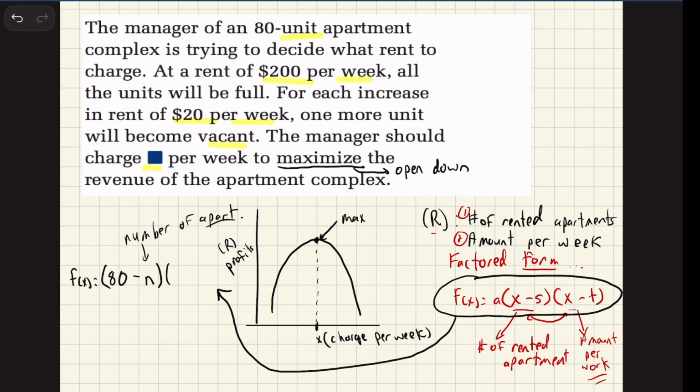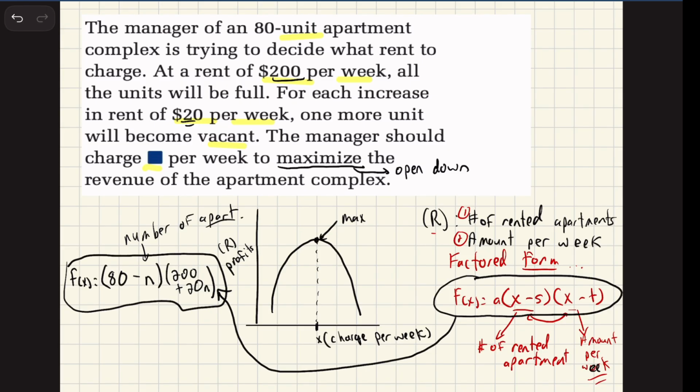And then the other factor is going to be the amount per week. Now, when I write the amount per week here, remember that it starts off at a flat rate of $200, and then you're adding 20 per week. And that's going to be per apartment, so plus $20 per apartment, where n is the number of apartments. And so this is the factored version of the quadratic that we're going to work with.